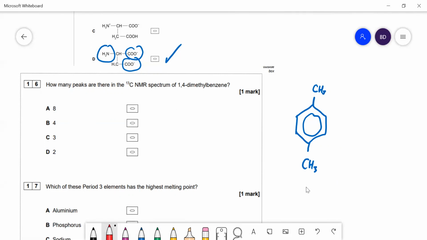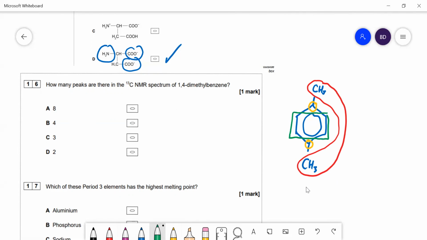So these two carbons are going to be the same. These two carbons are in the same environment, and those 4, they're all in the same environment. So you'd get 3 peaks would be the right answer.